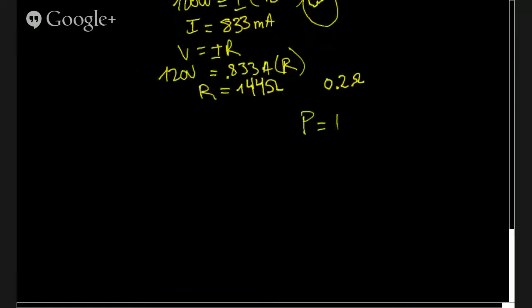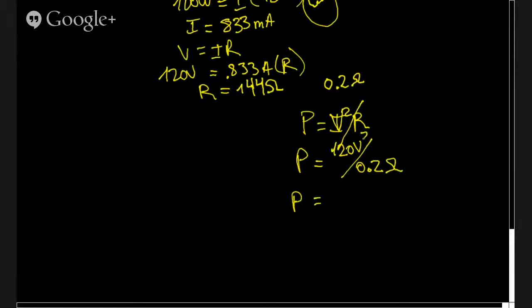So P equals I squared R. And P equals V squared over R is actually what we want. So power is 120 volts over 0.2 ohms. Ooh, that's going to be big. 120 volts squared.